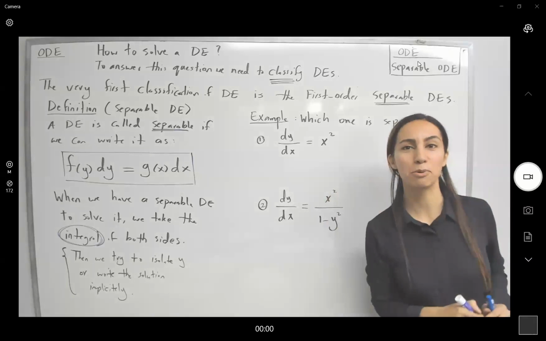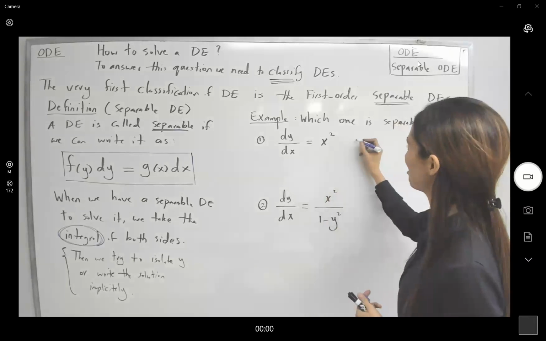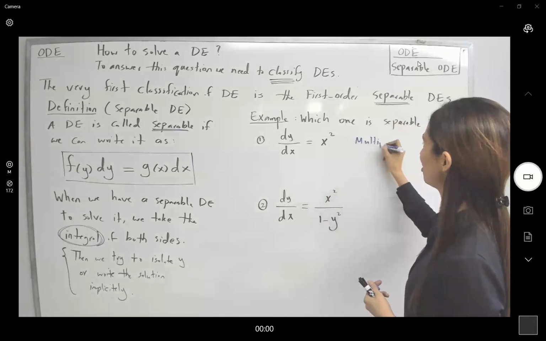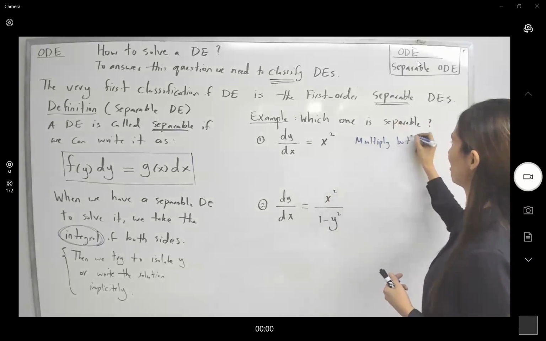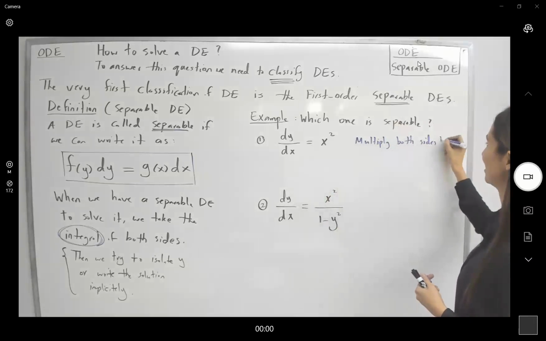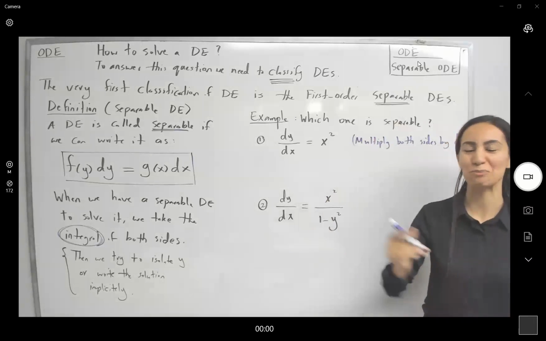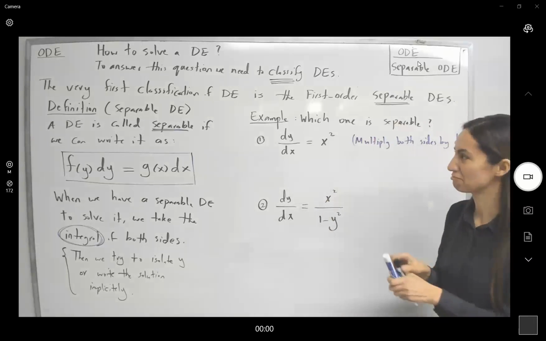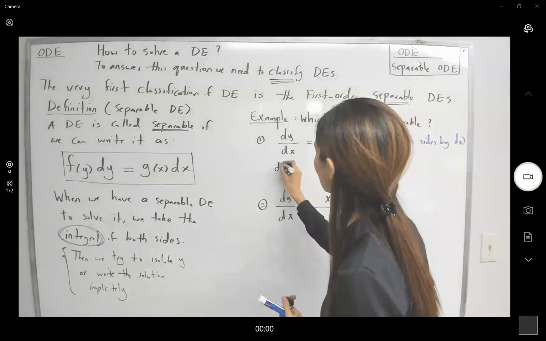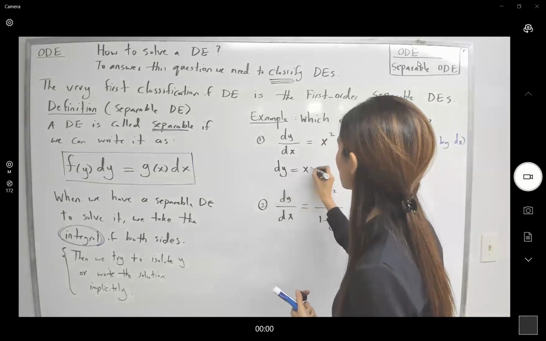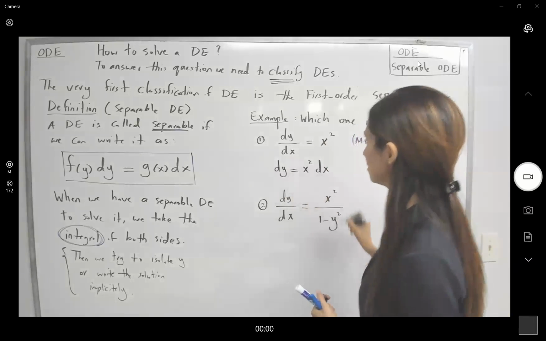Let's multiply both sides by dx. Pure algebra. So what do we get? You get dy equals x squared times dx.